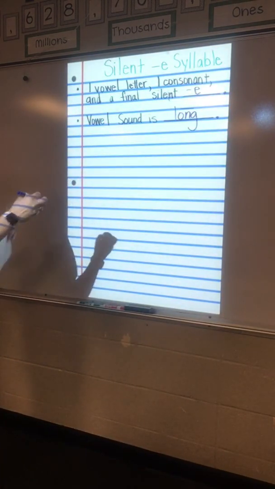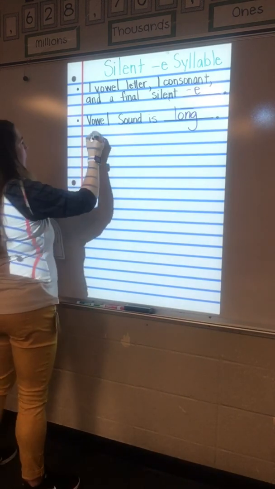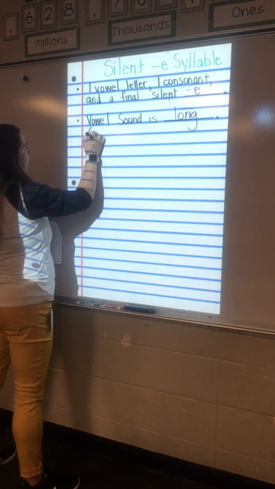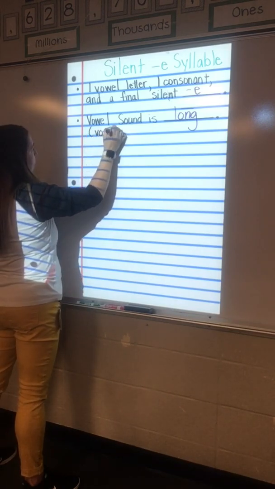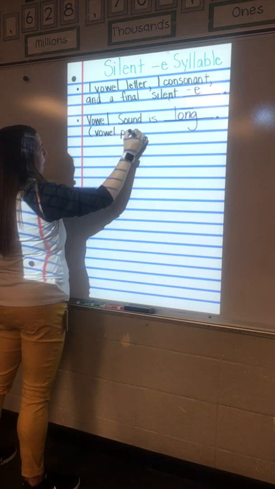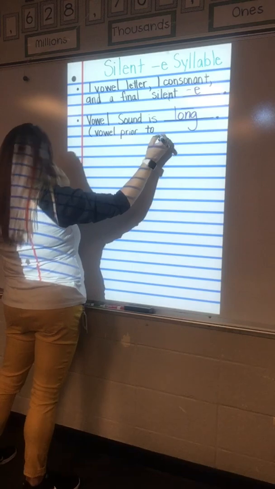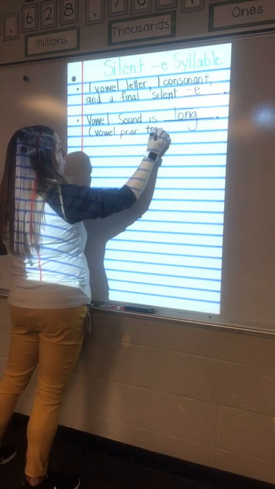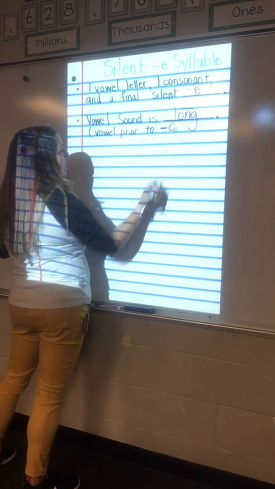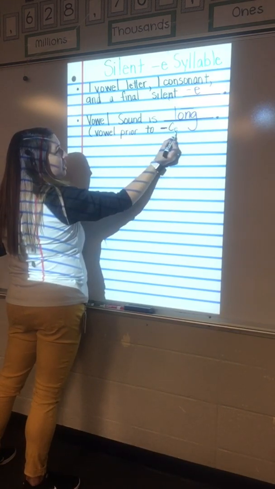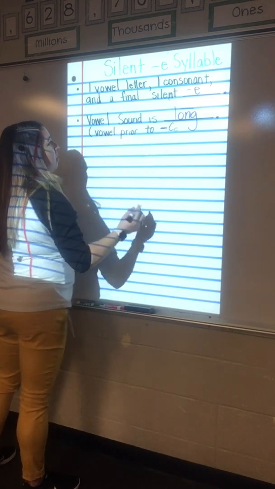Okay. And then we're going to put these in parentheses. And we're going to put parentheses and we're going to say vowel prior. So that means before, the vowel before too. Ready? So it would be the vowel, and then a consonant, and then that magic E. So consonant, silent E, or magic E. But that vowel always is right here.